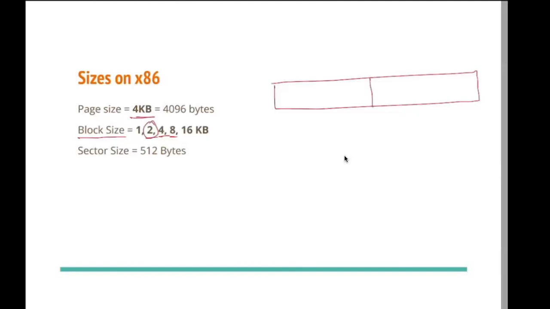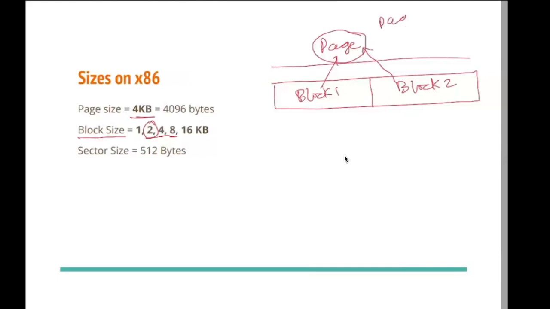Then this whole page can represent block 1 and block 2. That means our page can represent multiple blocks of a block device, so we can map these blocks to a particular page in the page cache. In this way, we don't have to keep two copies of the same data in the buffer cache and page cache.